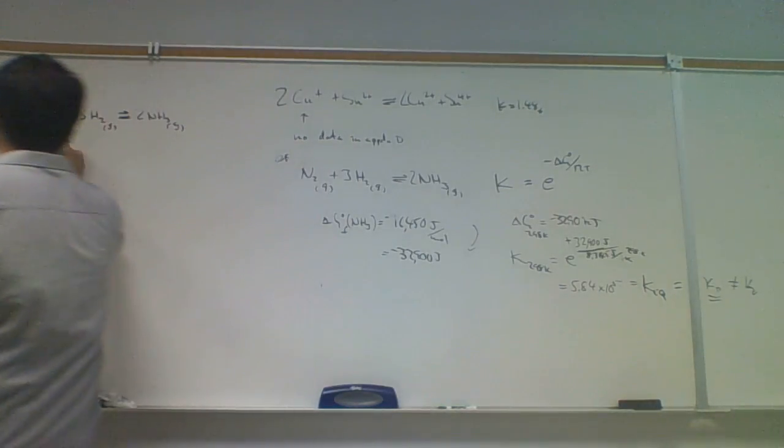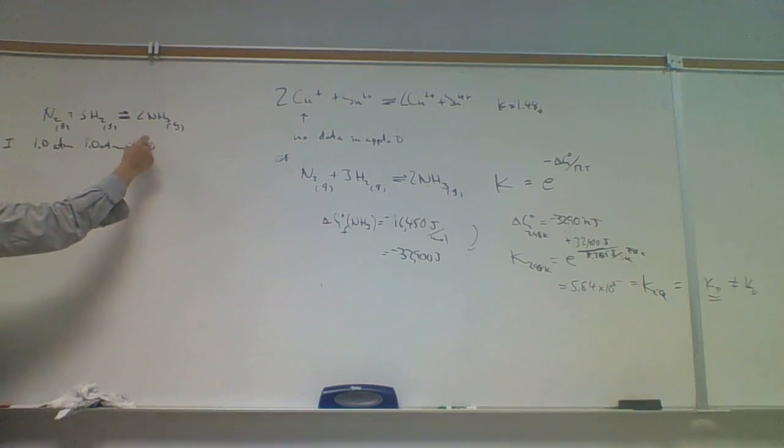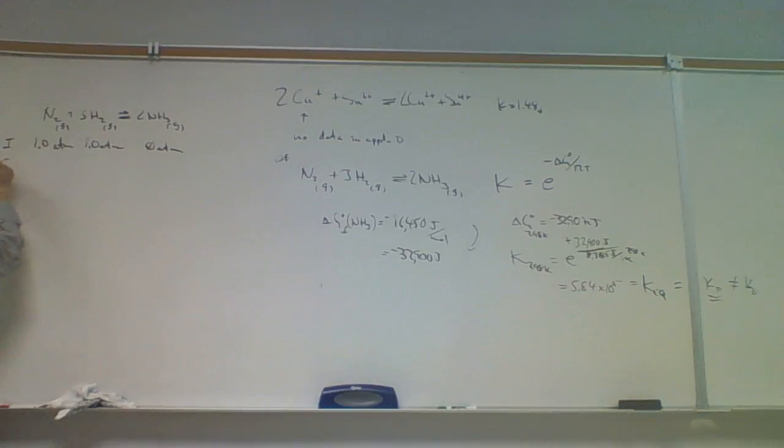So I'm going to start off with 1.0 atmospheres here and 1.0 atmospheres here and 0 atmospheres here. And I'm just going to do this because we know what the K value for this reaction is. The K value is 5.84 times 10 to the 5th. And so, well, how much reaction is that?